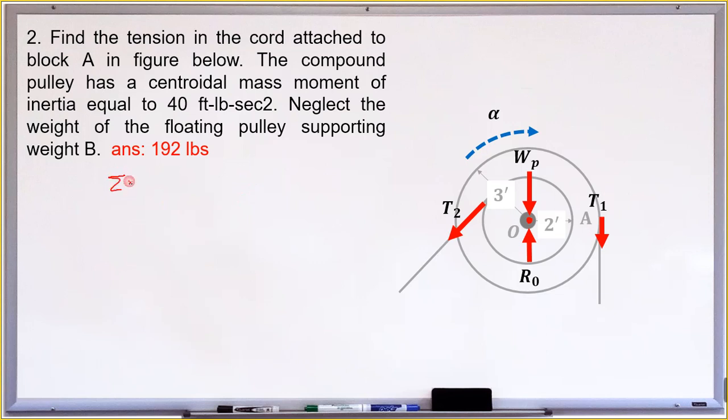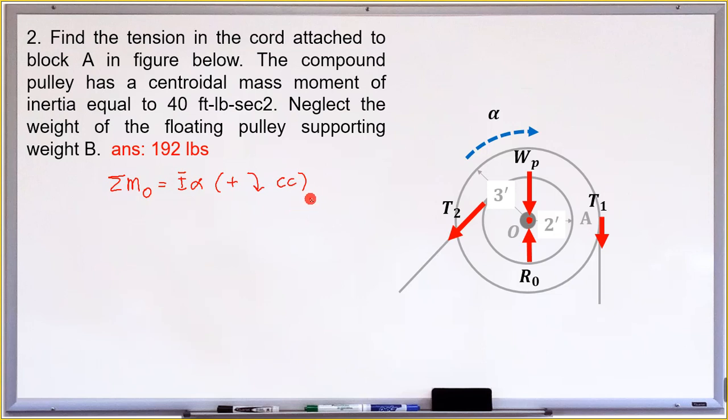So we take the summation of moments along the center of gravity, which is equal to the centroidal mass moment of inertia times alpha. The direction of our alpha is clockwise. So therefore, we take positive if the external forces are clockwise in direction. So, summation of moments.